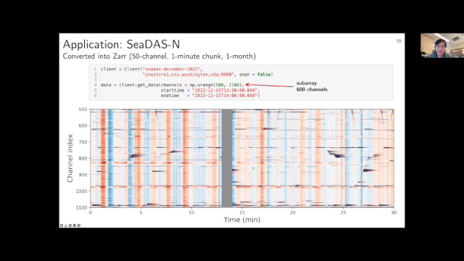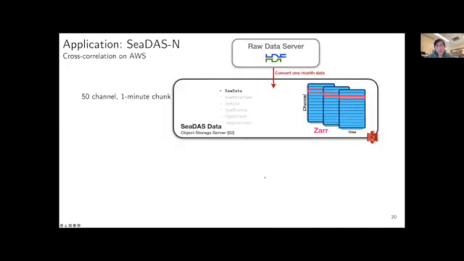So here shows this 30 minutes of data. You could see coherent non-seismic noise like this strip, and there are cars moving, and there are some data gaps for some unknown reasons. And we deployed a Dask cross-correlation workflow locally, but it's very compute intensive and would take too long to finish.